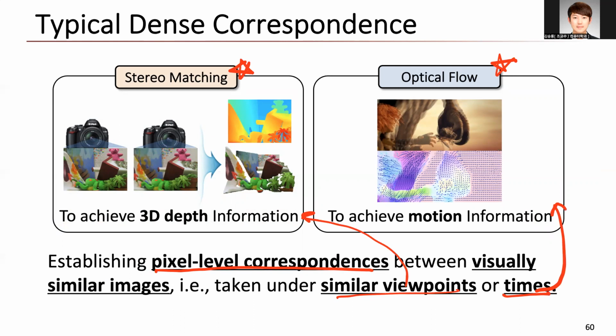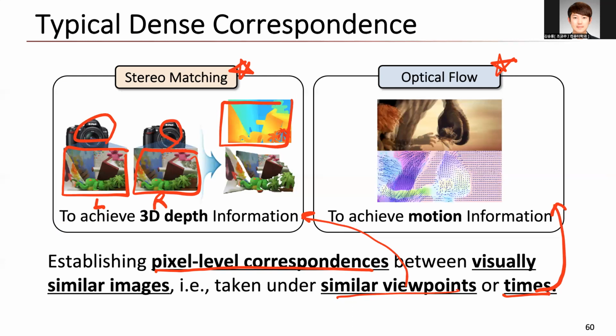For example, stereo matching estimates depth information from the left and right images with two different cameras in a stereo setting to resemble your eyes.